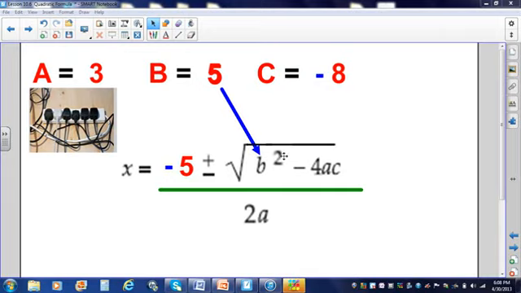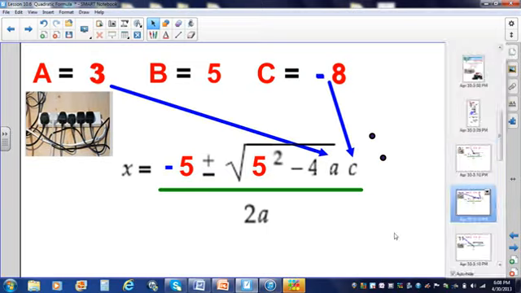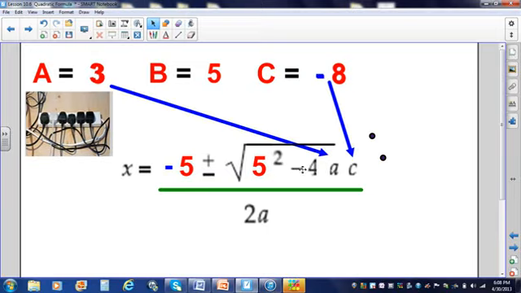Inside the radical sign, I have B squared. I'm going to take B out, and I'm going to put 5 in its place. Now I have negative 4AC. Notice the A, the C, and the negative 4 are touching each other. So I'm going to take out the A, and I'm going to put 3 in its spot.